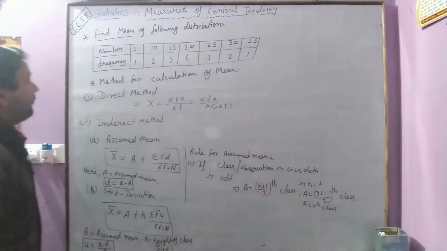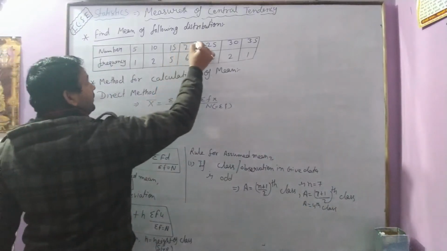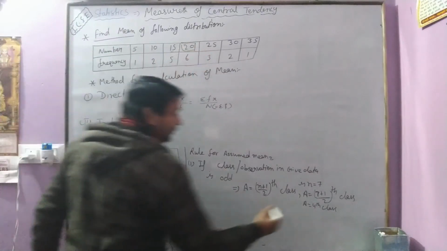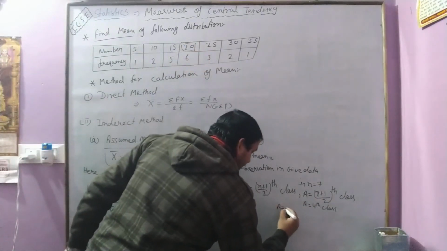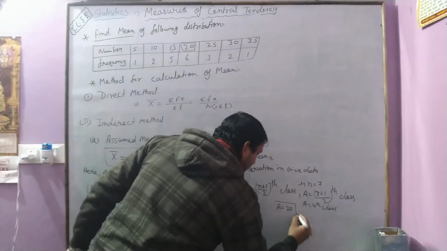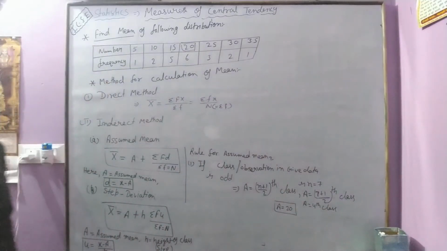Okay, and we have fourth class is this. So we can assume for this data the assumed mean is 20.